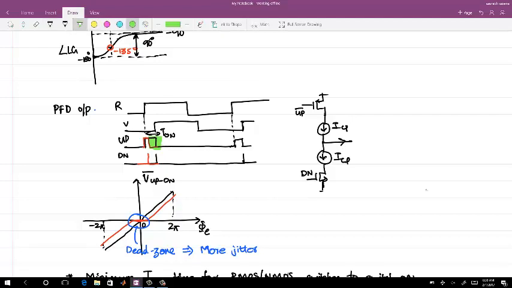What can I do? I can add the same T on to this also. Now for the time when both of them are on, means both PMOS and NMOS are active, there is no current going through this path.